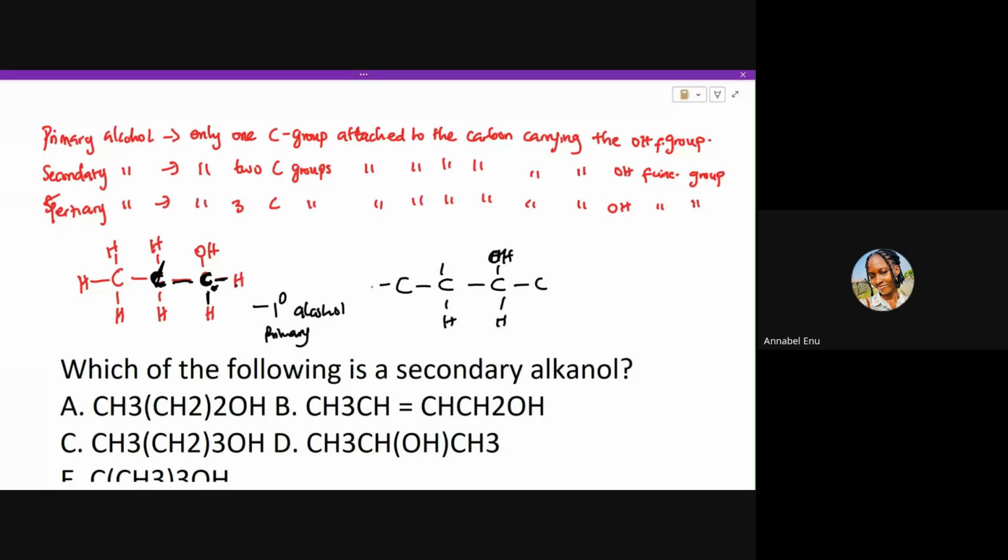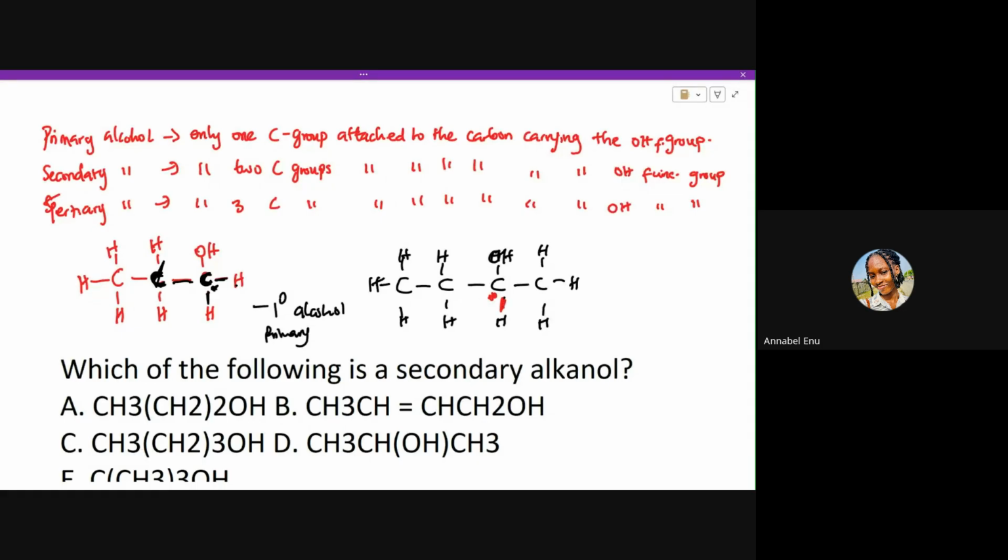Good. Now, this second structure I'm drawing is an example of a secondary alcohol. Where is the carbon carrying the functional group? This is the carbon carrying the functional group. What are the groups attached to it?